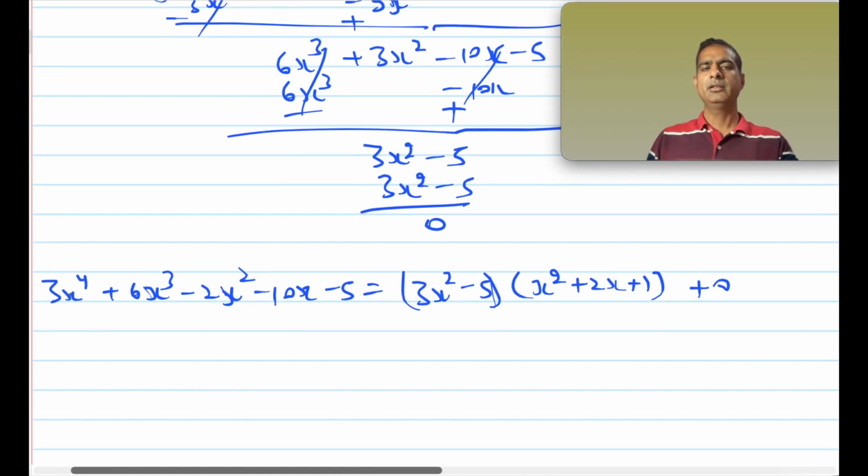So we can see here 3x to the power 4 plus 6x cube minus 2x square minus 10x minus 5 is equal to 3x square minus 5 times x square plus 2x plus 1.